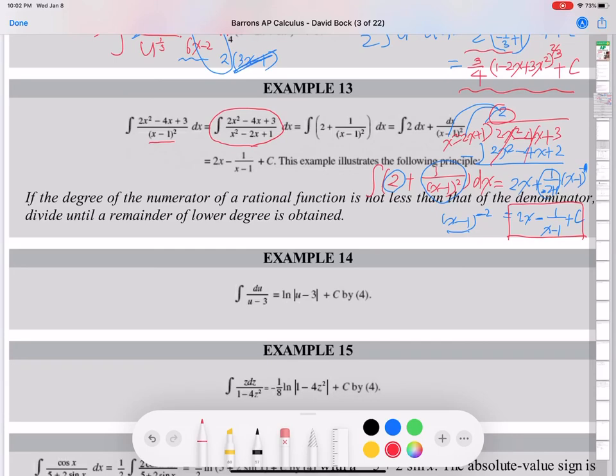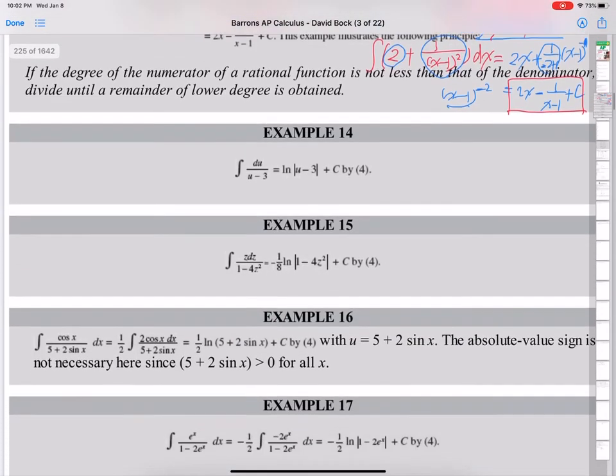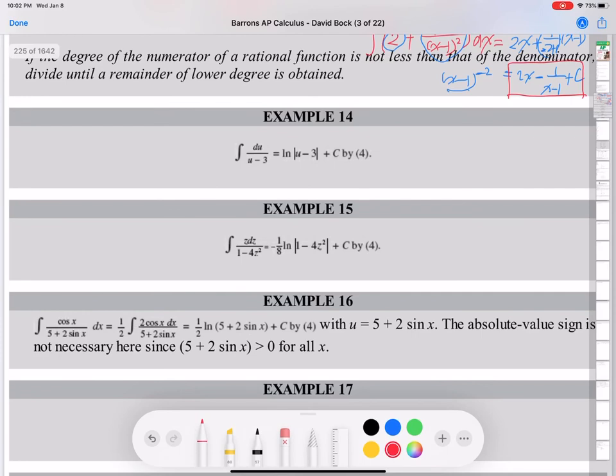Okay. Example 14. Integral 1 over (u minus 3) du. I literally changed this equation to this, exactly the same thing, right? You understand what the integral of 1 over x dx is? That is ln absolute value of x.